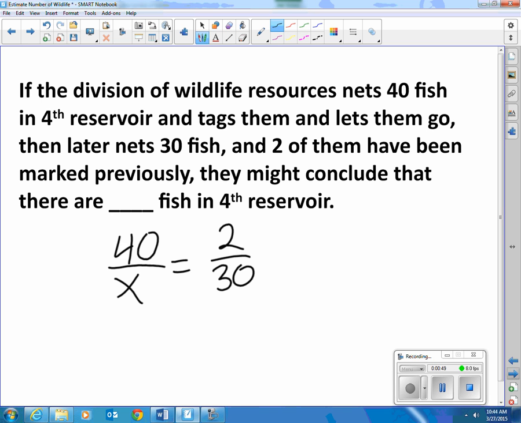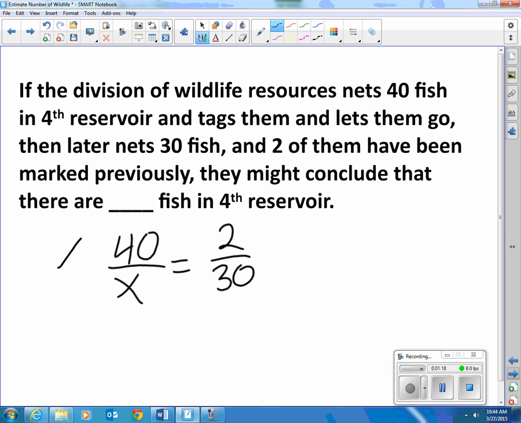So the ratio of marked fish to the total fish caught, would you expect that that would be the same in the whole lake if this sample represents the whole lake? And there's no guarantee that it represents it well, but we'll say we netted a representative sample. So then all we have to do is solve that equation for x.